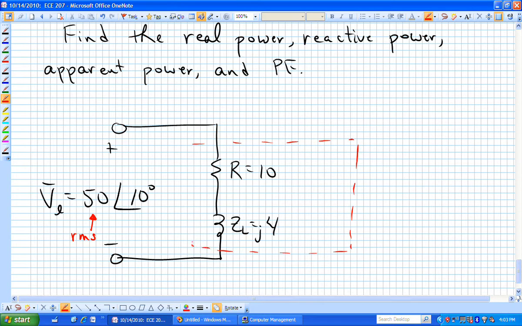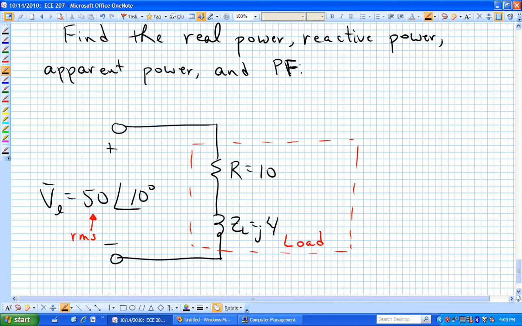Here's your load. With that, find the real power, the reactive power, the apparent power, and the power factor also for that particular system.